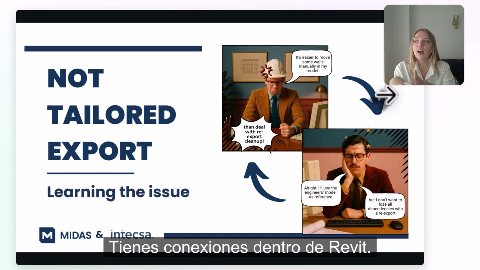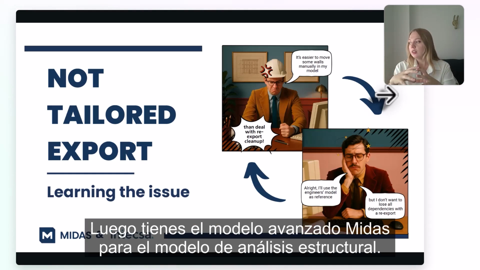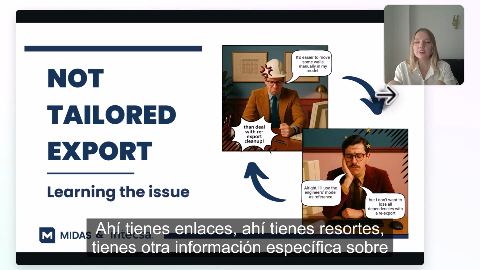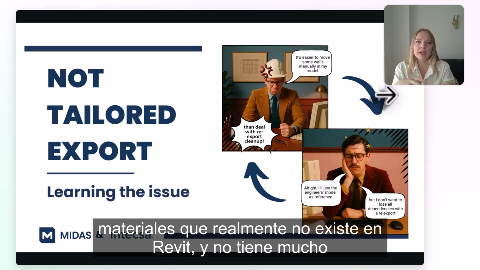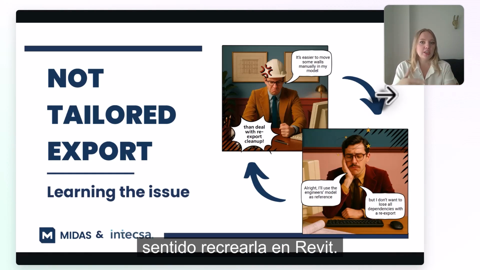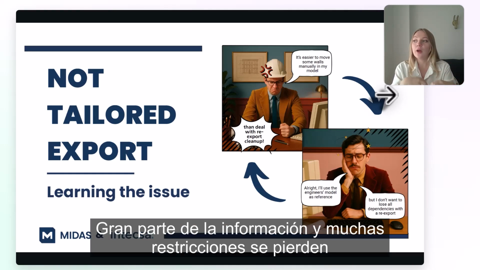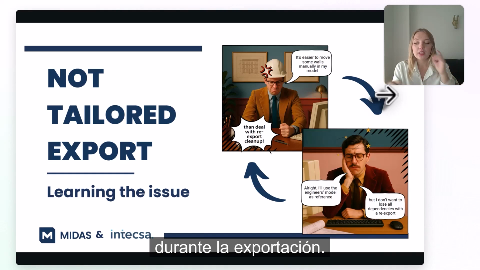Then you have the advanced MIDAS structural analysis model, where you have links, springs, and specific material information that doesn't exist in Revit, and it doesn't make much sense to recreate it in Revit. So a lot of information and constraints during the export are basically destroyed.